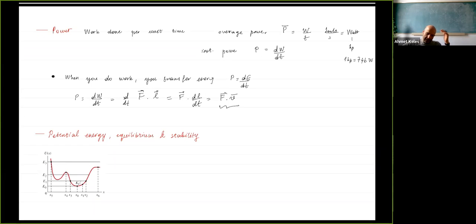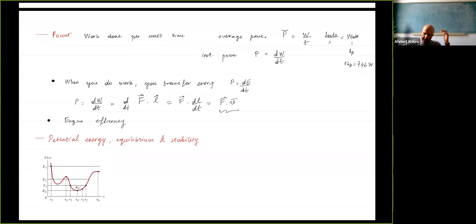And here, if you are dealing with an engine, there is efficiency. Is there a symbol for efficiency? It should be some Greek letter, but for this course they are using E, equal to power out. How much power can you get out of a machine given the power in?